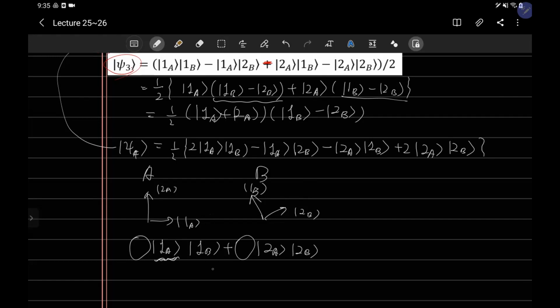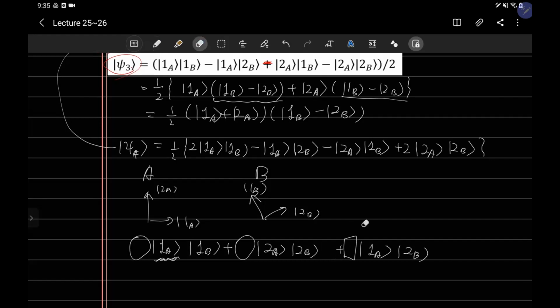So if you have an additional term like 1A combined with 2B, with some kind of coefficient, then it is not easy to tell whether it is a separable or entangled state.